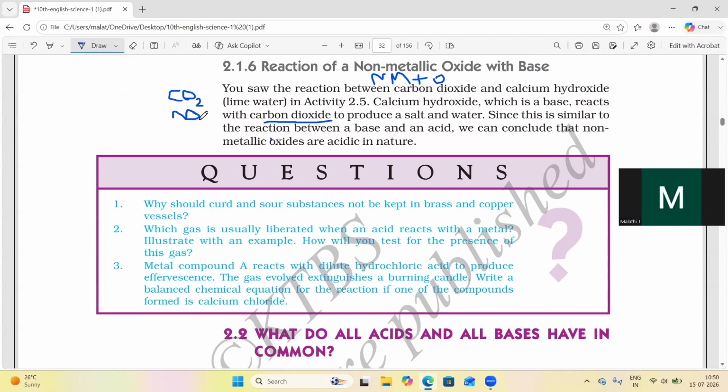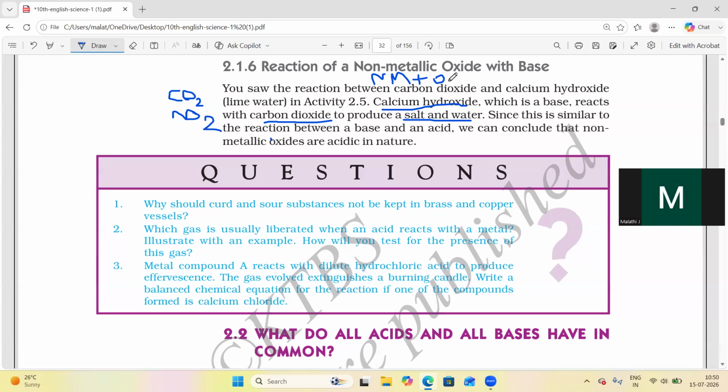One example they have taken is carbon dioxide. Calcium hydroxide is a base. When this base reacts with the non-metallic oxide carbon dioxide, again you will get salt and water.